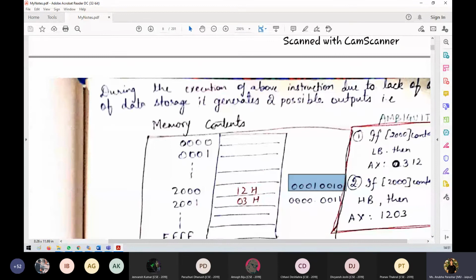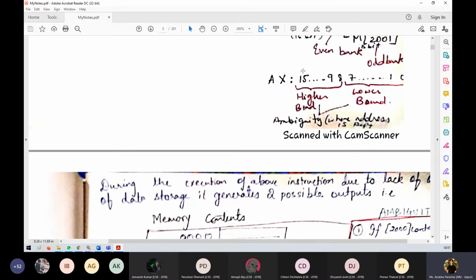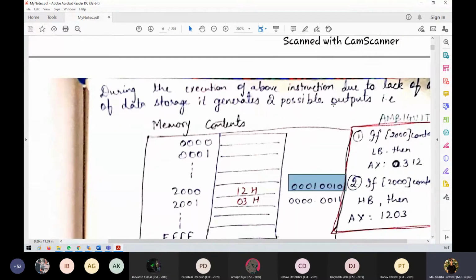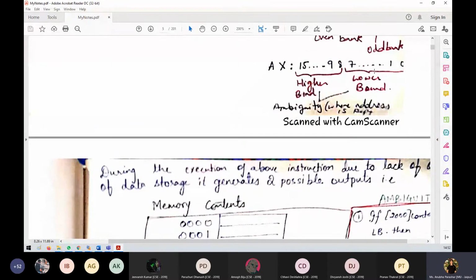Vice versa can also be done. Take this higher byte value at 2001, that is the next value of this memory cell. You can store it here or you can store it here. That means it is creating ambiguity for the microprocessor about which value to store, whether we should start storing from the lower byte or the higher byte.